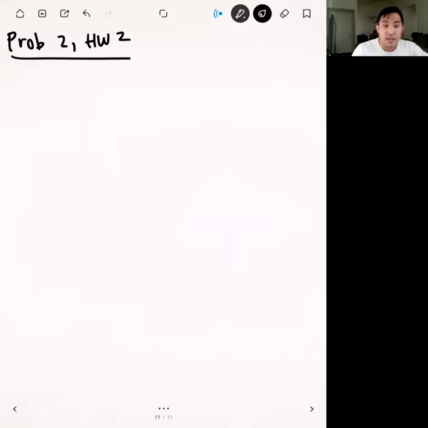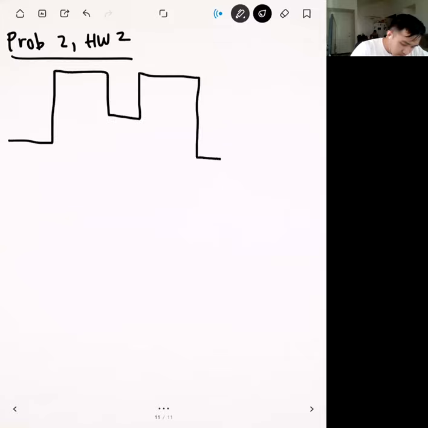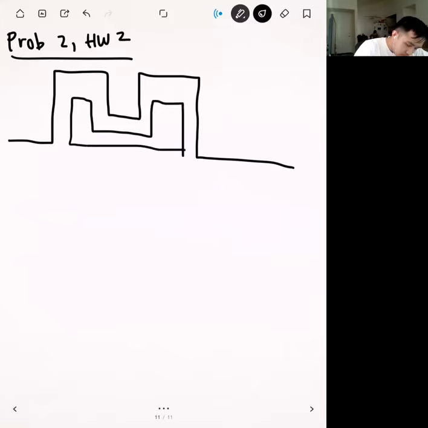This is a very classic example of what's called a differential manometer. Okay, so it looks something like this.